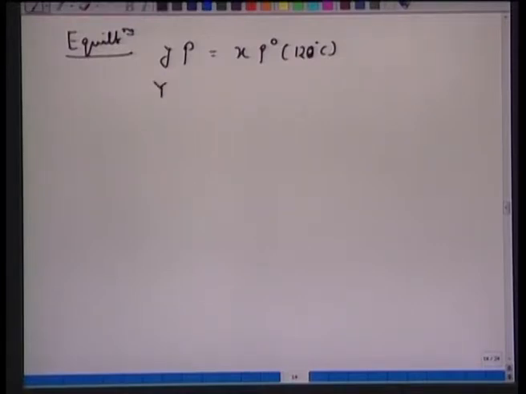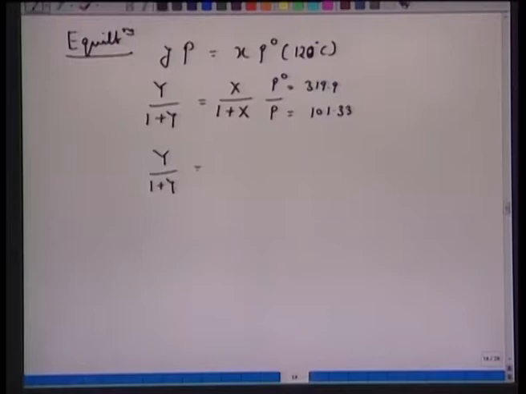So the small y mole fraction is capital Y over 1 plus Y equals x over 1 plus x times p0 over p. This p0 vapor pressure is 319.9 and this p is atmospheric pressure, 101.33. So we have the equilibrium curve Y over 1 plus Y equals 3.16 x over 1 plus x.